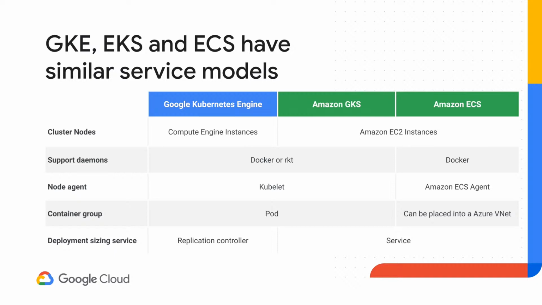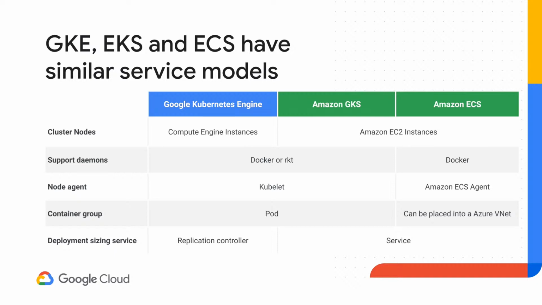While Amazon ECS supports Docker, GKE and Amazon EKS support both Docker and Rocket format containers. The node agent for GKE and for Amazon EKS is the kubelet, which is an open source agent used with Kubernetes. Amazon ECS uses a proprietary Amazon ECS agent.